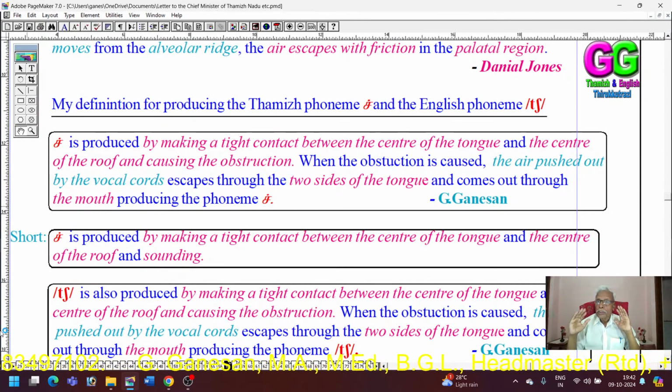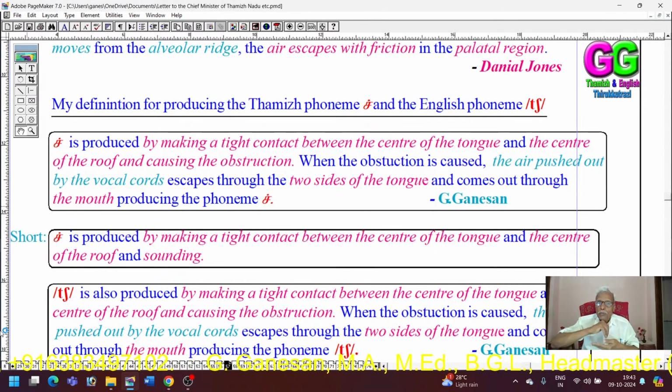That is, "ch" is produced by making a tight contact between the center of the tongue and the center of the roof and sounding.